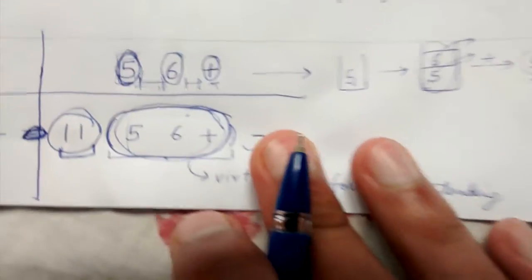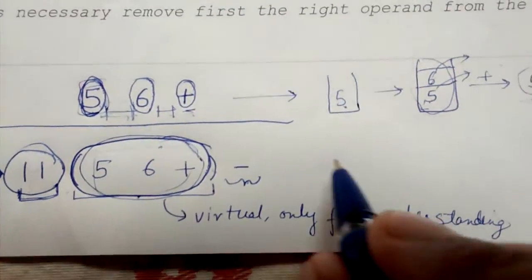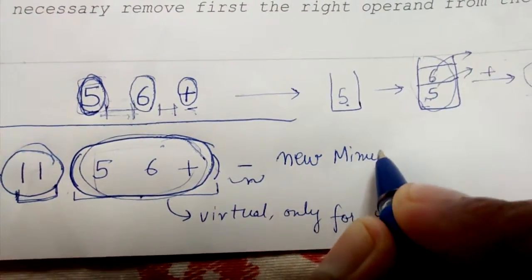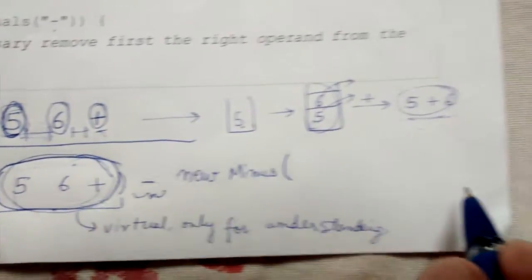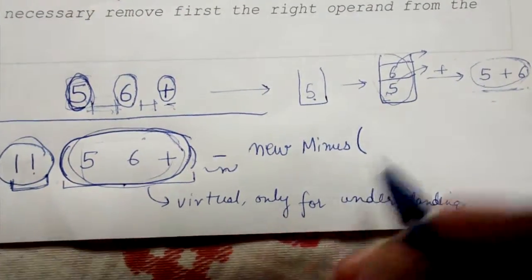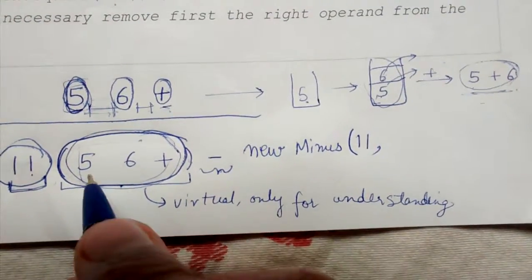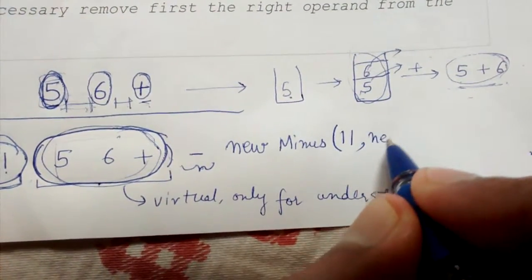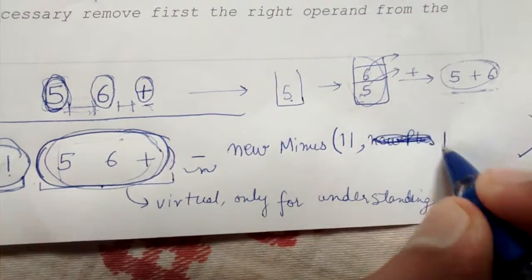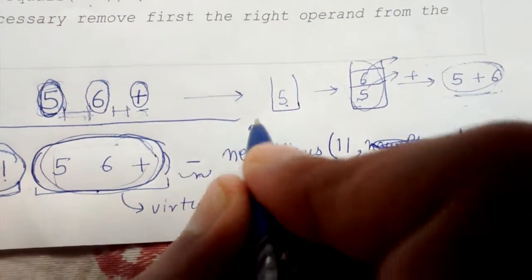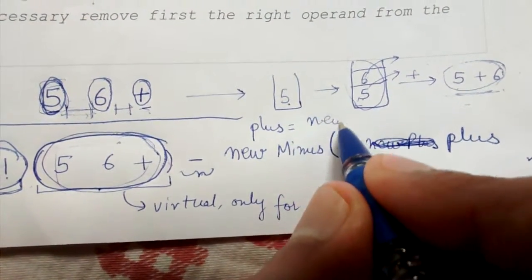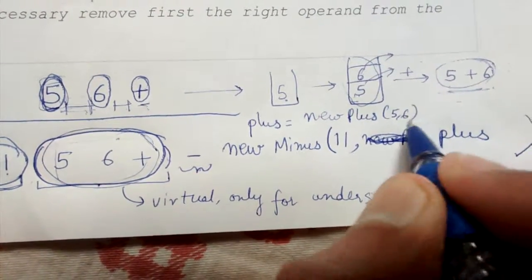So the final object which will be created will be something like this: new minus, and this minus constructor will be called, and its arguments will be, first one is 11, comma, second is the whole of this object, so new plus, which is already created, so let's say we call it plus, and in the previous line we have written plus is equal to new plus 5 comma 6, something like this.